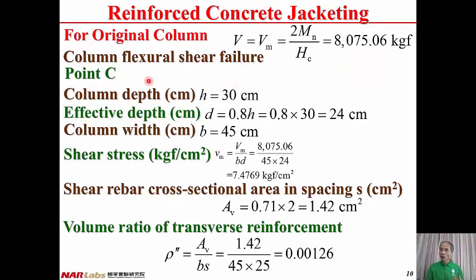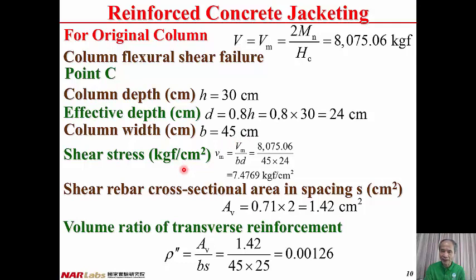And then we move to point C. For the original column, the y coordinate equal to 2 Mn divided by Hc equal to 8 ton force. And then the column depth h equal to 30 centimeters, and the effective depth is approximated to be 80% of the column depth, equal to 24 centimeters, and the column width equal to 45 centimeters.